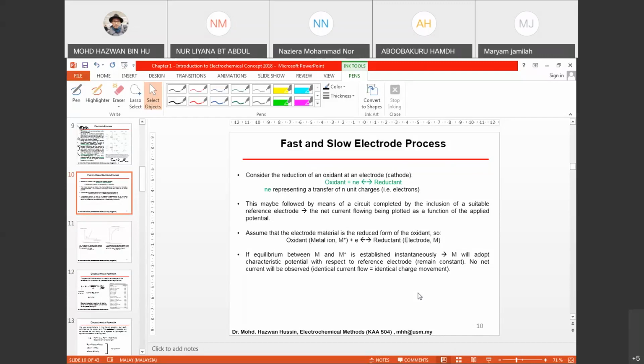Meanwhile, a slow electrode process is where the electrode used during the electrochemical process is less reactive, with a more positive standard potential. So this will produce a slower process, in a nutshell.